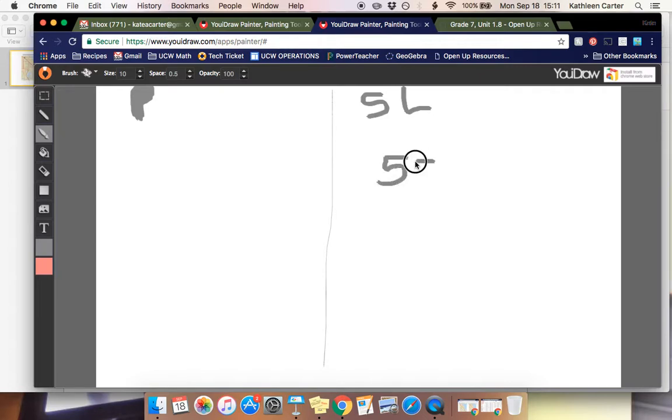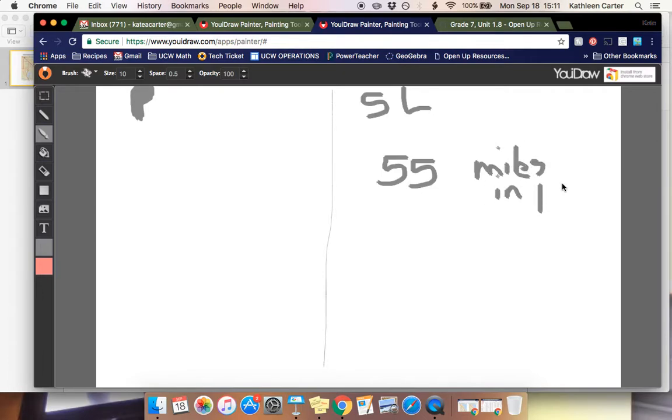So let's set up something similar. For Peters, we're going to say P, compared to the speed limit, which is 55 miles in 1 hour.